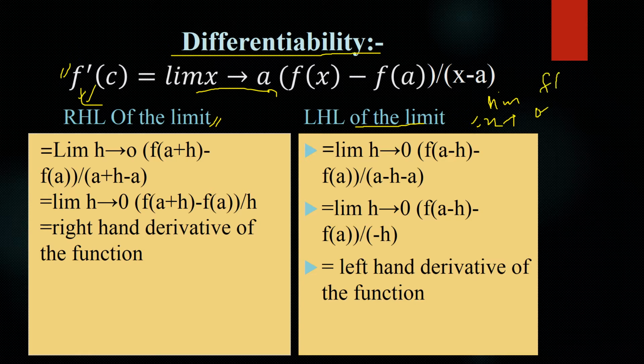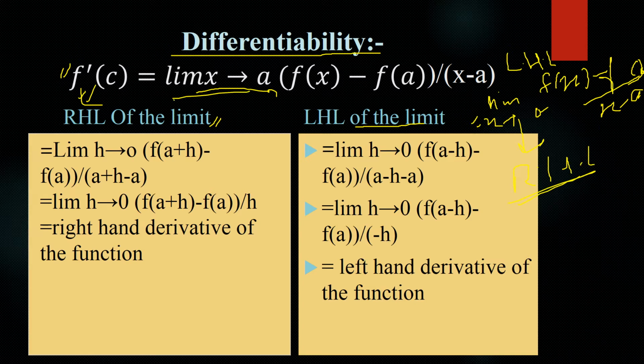So for the left hand we know the limit x tends to a of f x minus f a upon x minus a is the left hand limit, and the same we write for RHL, right hand limit.